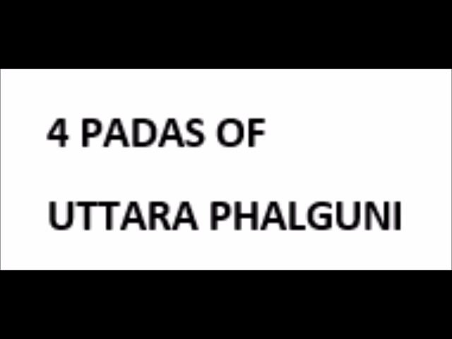And then the ruler of this third pada, which falls in the Navamsha of Aquarius, is Saturn. And once again, Saturn is about discipline, about hard work. You'll see that factor.